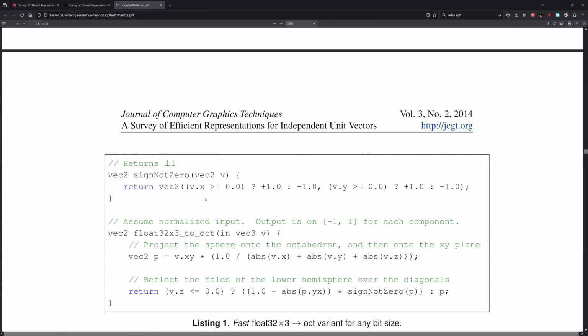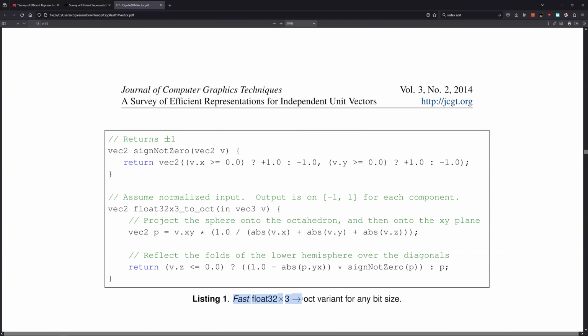So here's the octahedral, the fast encoding for octahedral. Just a basic sign check for X and Y.